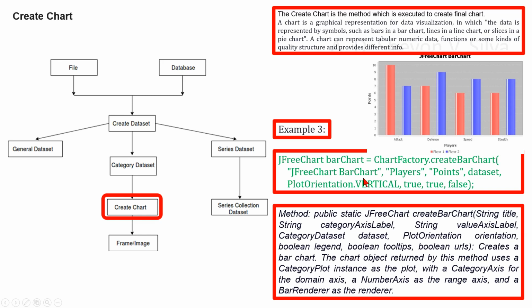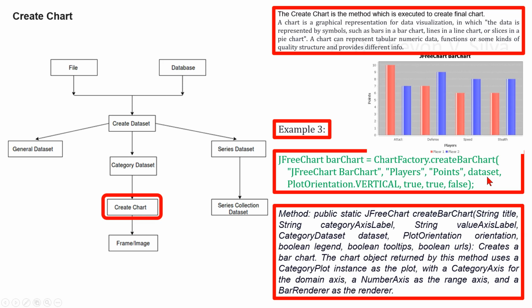Here the title, the chart title, null permitted. Here the category axis label, the label for the category axis, null permitted. Here the value axis label, the label for the value axis, null permitted.